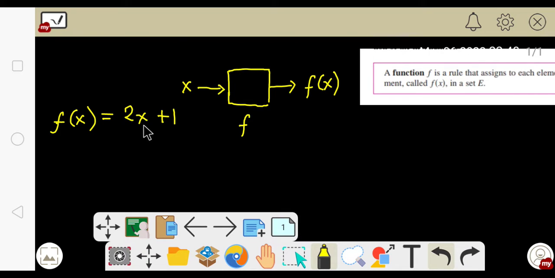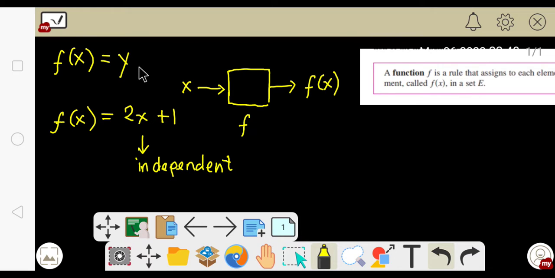So the x here is our domain, or the independent variable. And our f of x, which is similar to y, is our dependent variable.